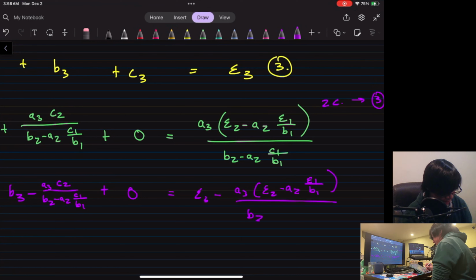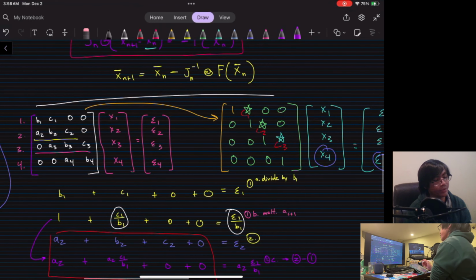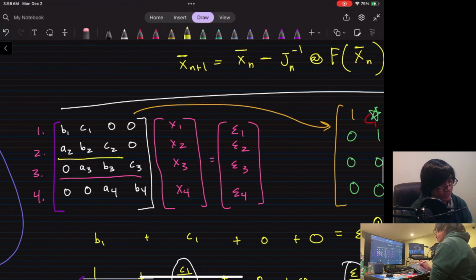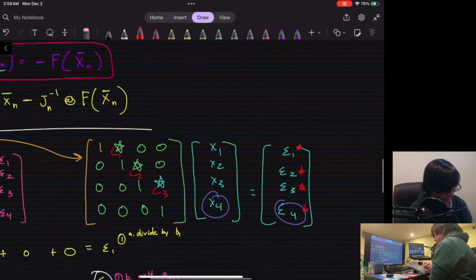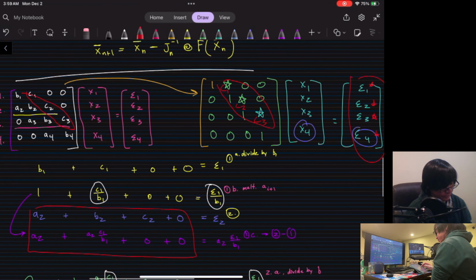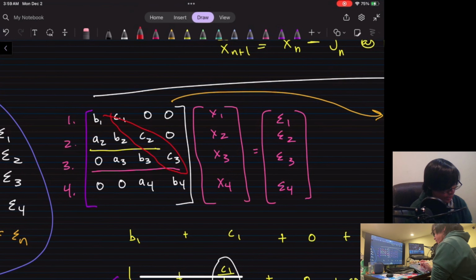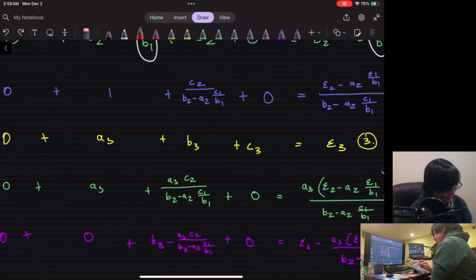The main things to take note of here are how in our matrix, we only need to keep track of these C values as they change and the epsilon values. And also, the top row and bottom row are special cases.